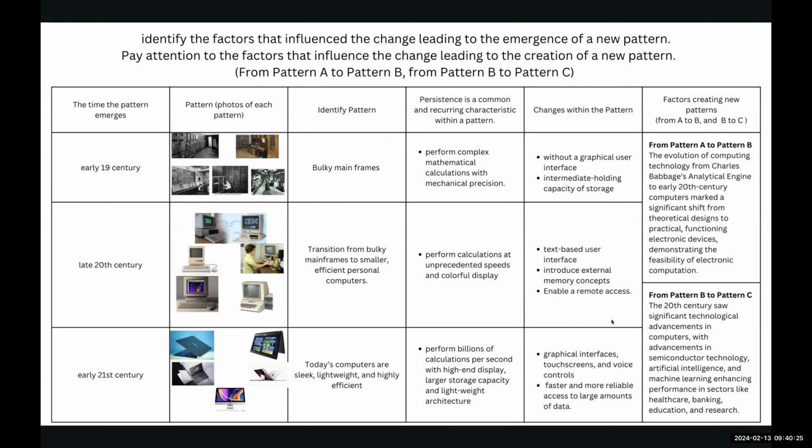I think it is really hard to use. The new computer also marked a significant shift from theoretical designs to practical functioning electronic devices, demonstrating the feasibility of electronic computation.